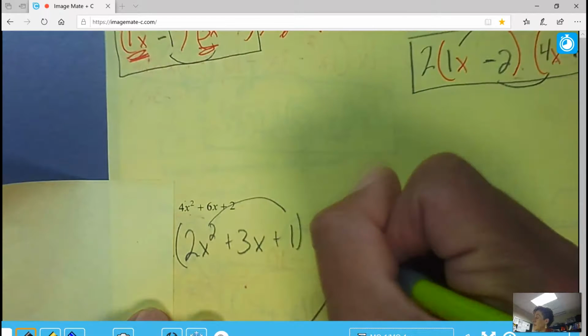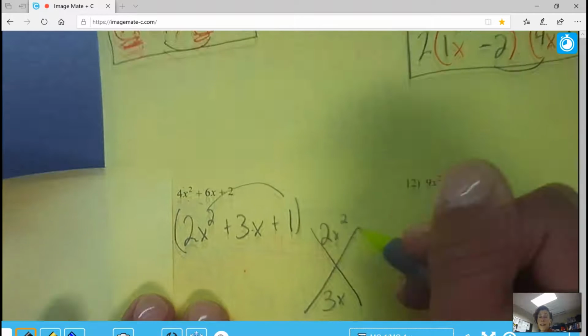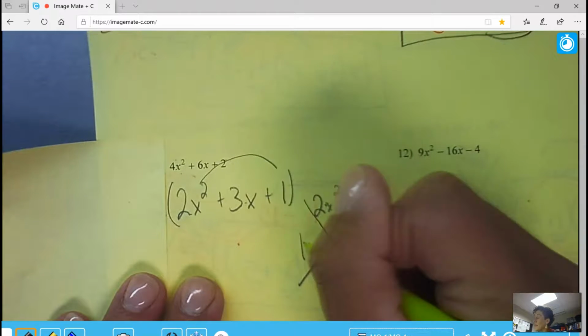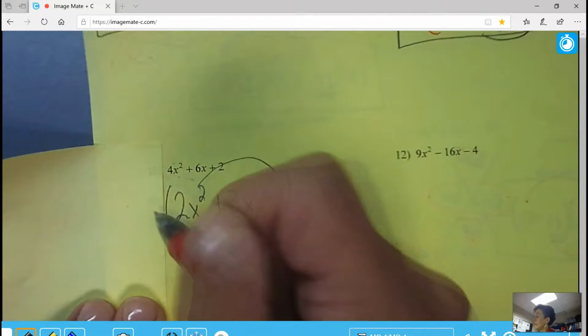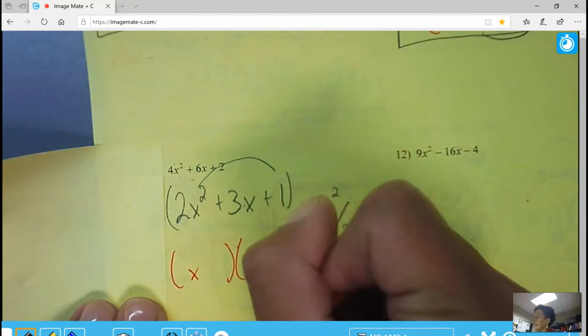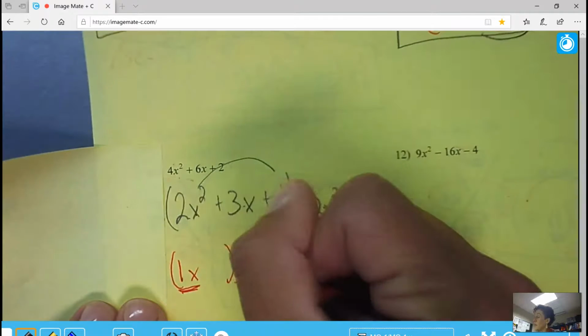So I need factors of 2 that get me to 3, and the only factors of 2 are going to be 1 and 2, and if these are positive, this works. So going to our parentheses, x and x are x squared, and what make 2 for x squared will be 1 and 2.